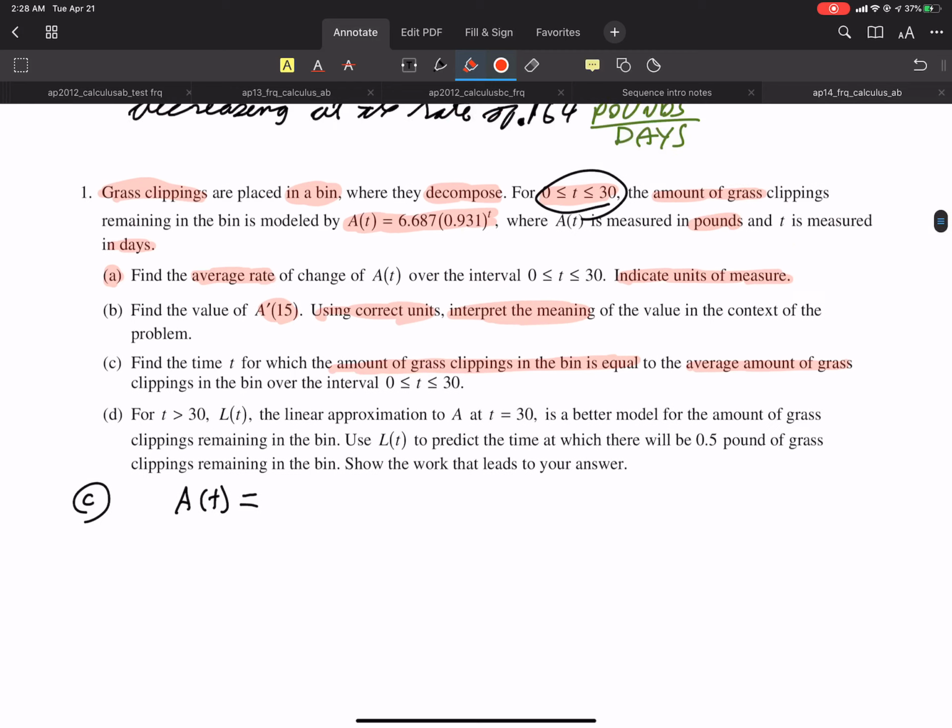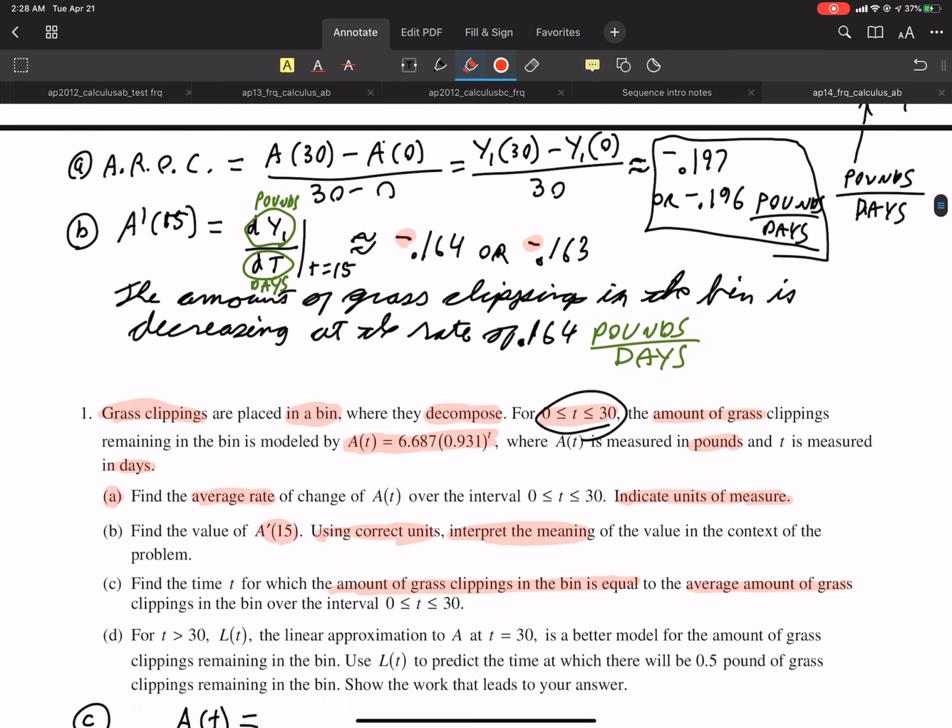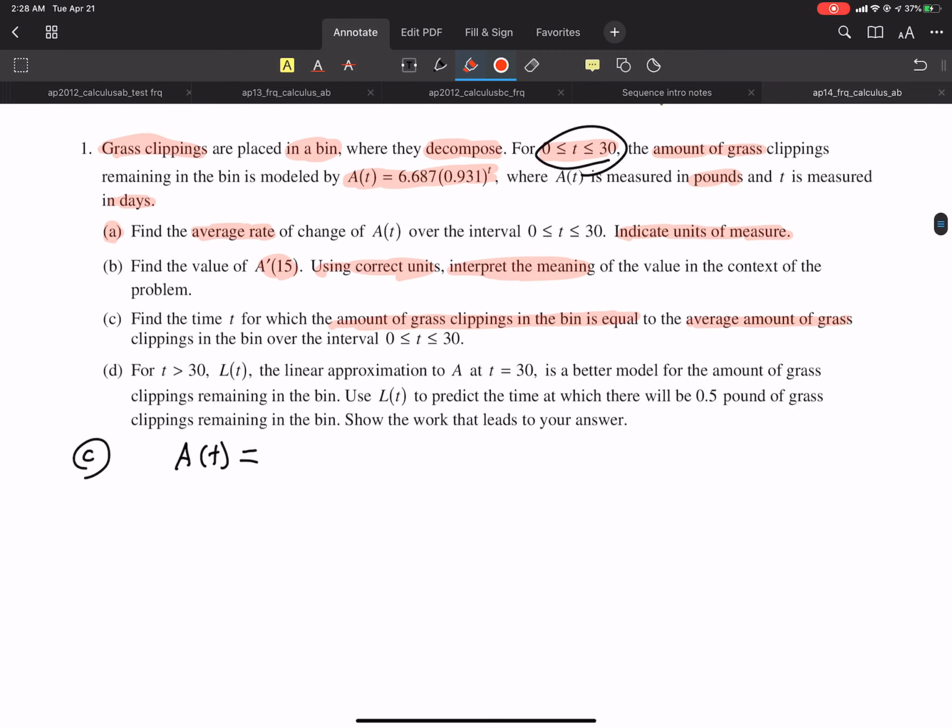Well, we need to find that. We haven't found it yet. So the average amount of grass, that's the other formula. Remember we said you need to know the average rate of change and the average amount. The average amount is the integral divided by the width.